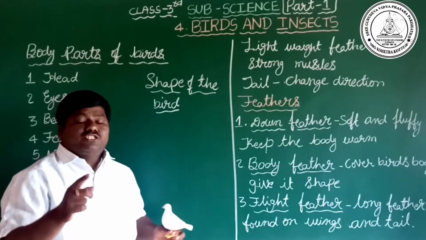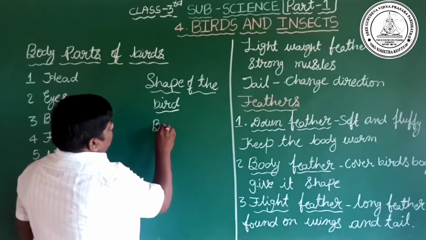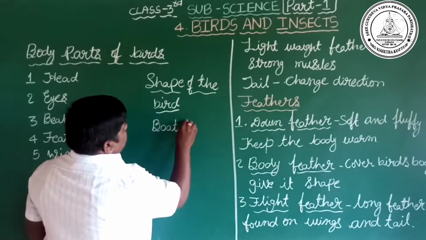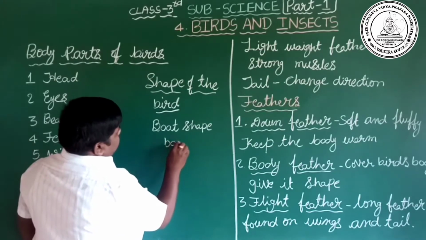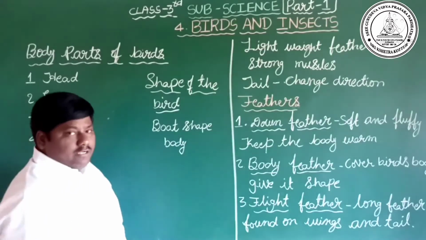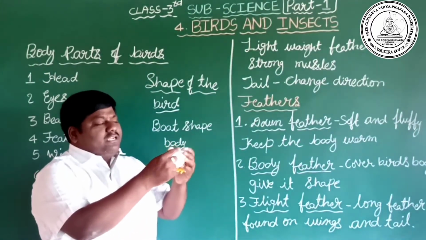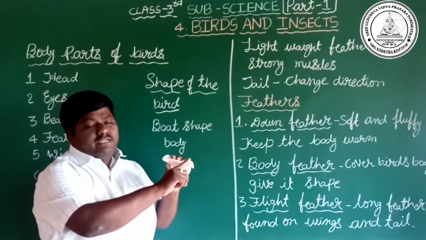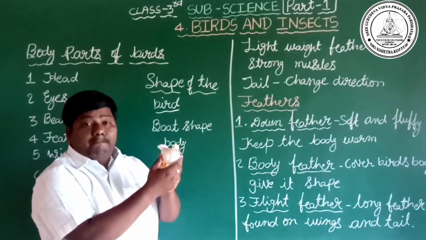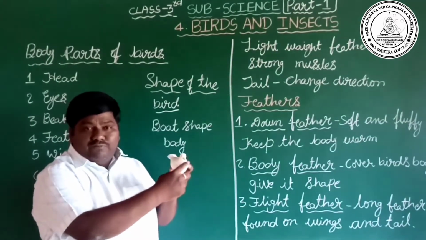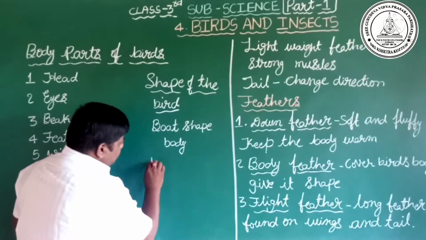The bird has a boat-shaped body. At front it is narrow, at middle broad.